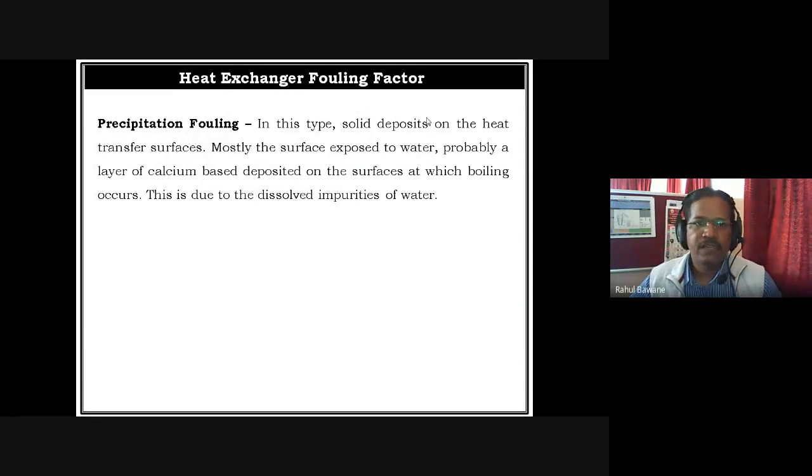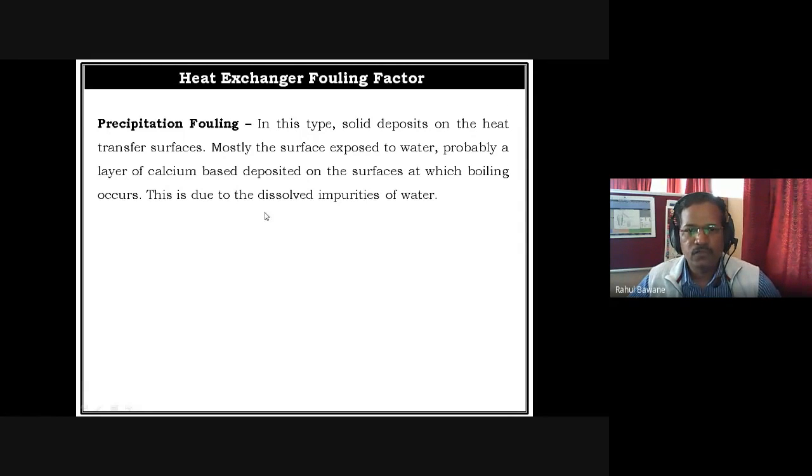Now fouling has various types. The first is precipitation fouling. In this type, solid deposits on the heat transfer surface, mostly the surface exposed to water, just like water heater coils. Probably a layer of calcium base is deposited on the surface at which boiling occurs.